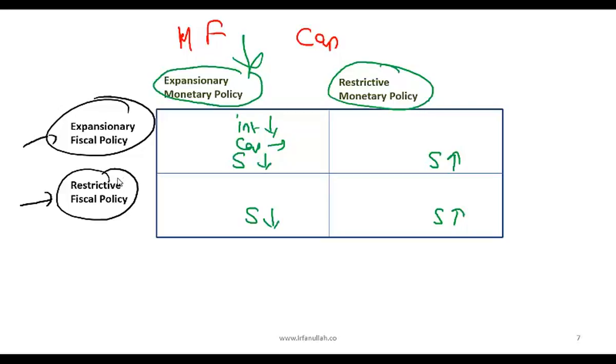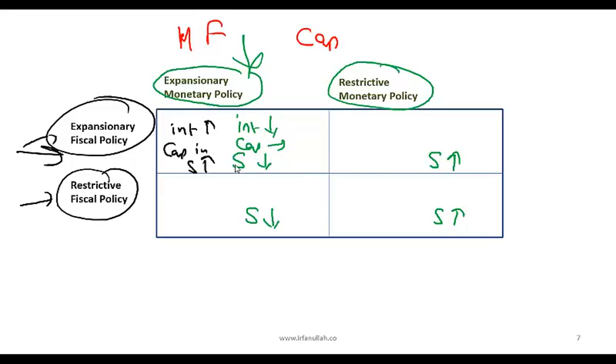When this happens, then there are more investment opportunities in the country. So interest rates actually go up, capital flows into the country, so capital is in, and the exchange rate goes up. All right, so now this row is the expansionary fiscal policy row.